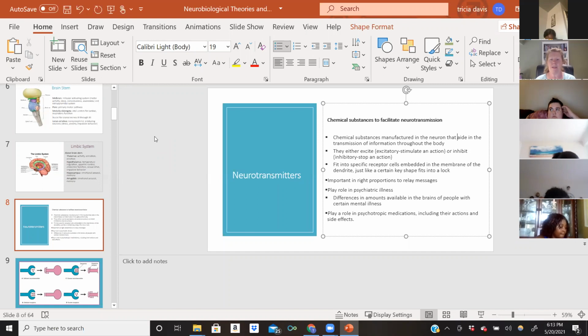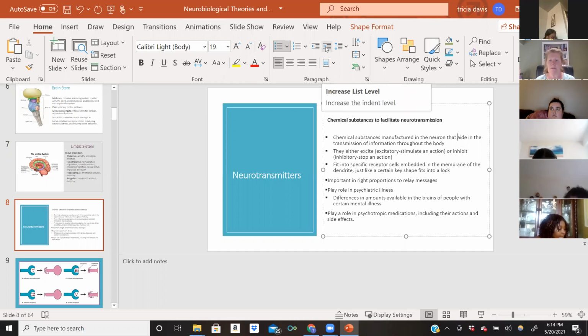Neurotransmitters are made so that they fit into a specific receptor cell. These receptor cells are embedded in the membranes of the dendrite, and they're kind of like a lock and key. They both fit inside of each other in a perfect match to stimulate the neurotransmitters. They're important in the correct proportions so that our body is able to relay messages from one area of our body to the other. They do play a role in psychiatric illness.